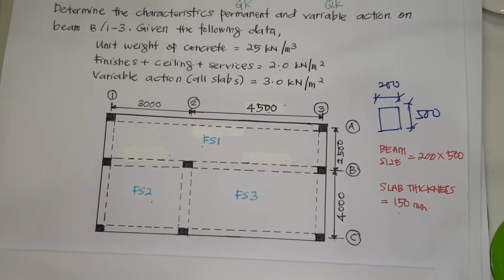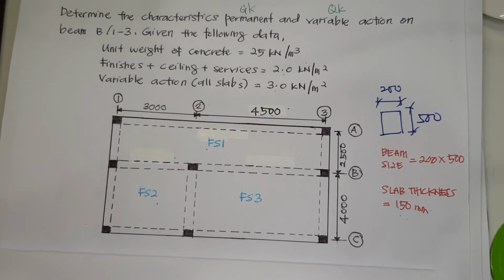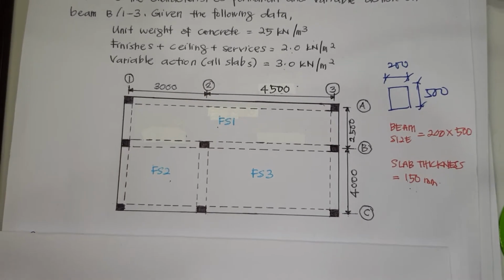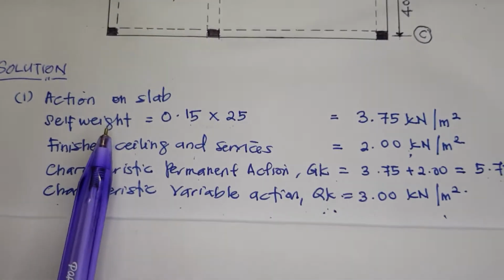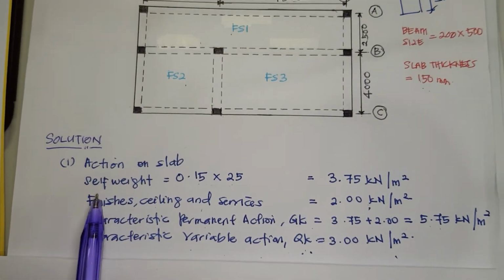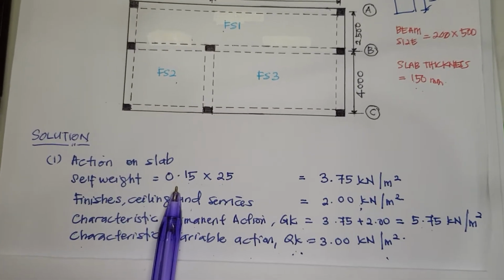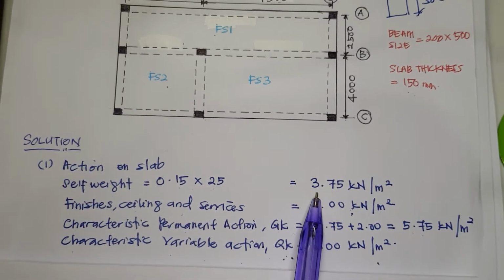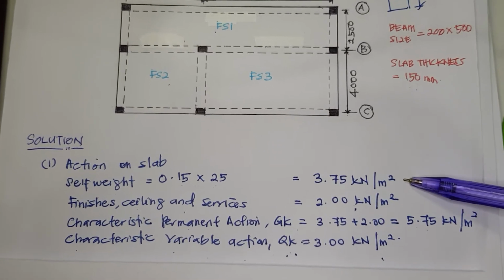Solution. The first step, we need to determine GK and QK on slab. So this is action on slab. Self-weight for slab is thickness multiplied with the unit weight of concrete. The answer is 3.75 kN per meter square.